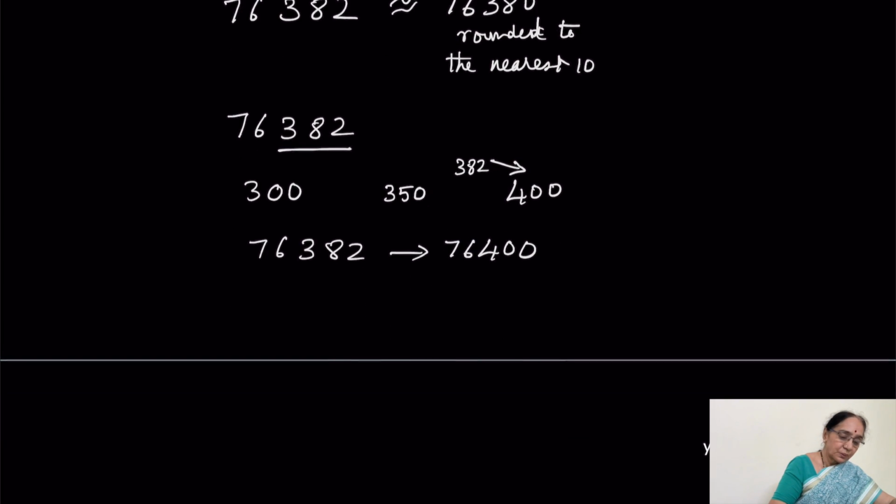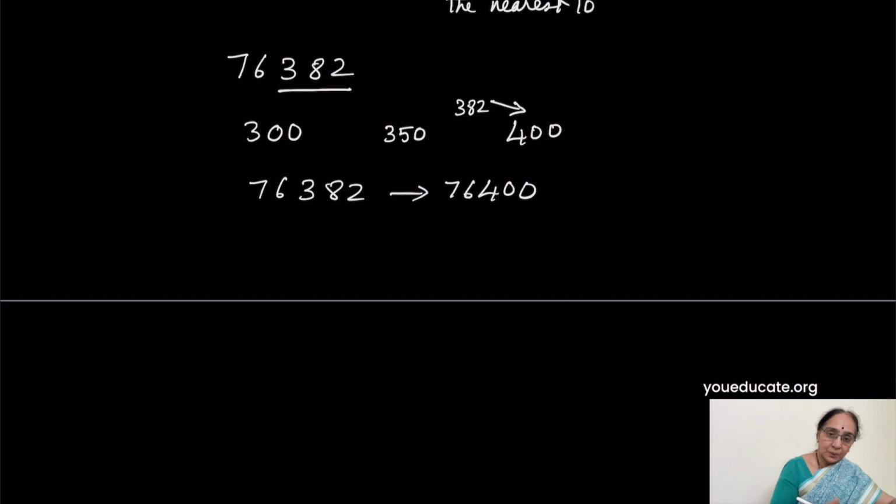Now we'll also do to the nearest 1000. 76,382. Here the last 3 digits should be 0, which means it will be 000 at the end. Now you take these 6,382 and select 2 thousands immediately before and after, 2 consecutive thousands.